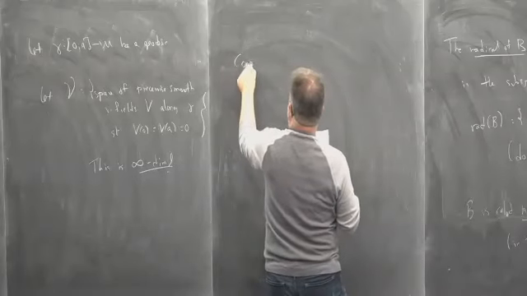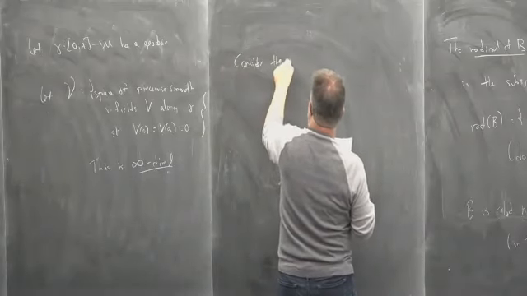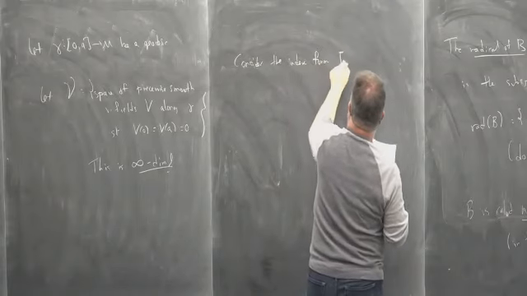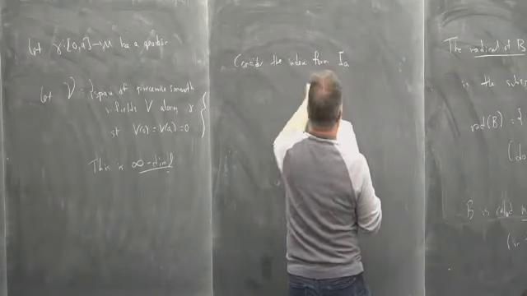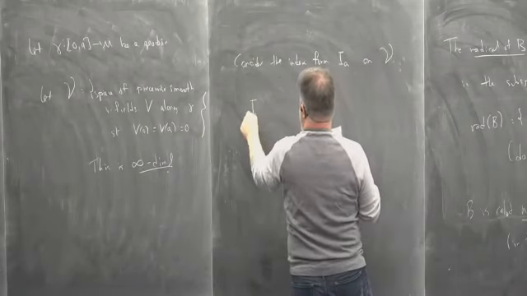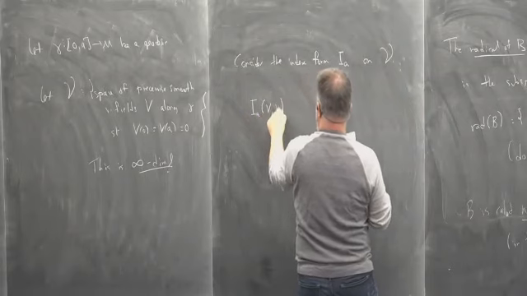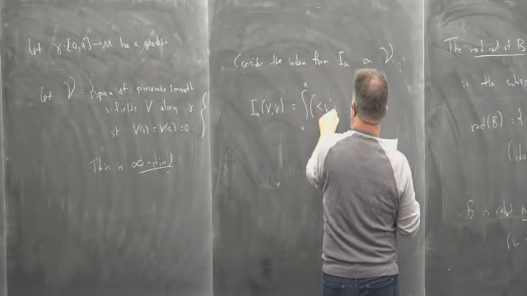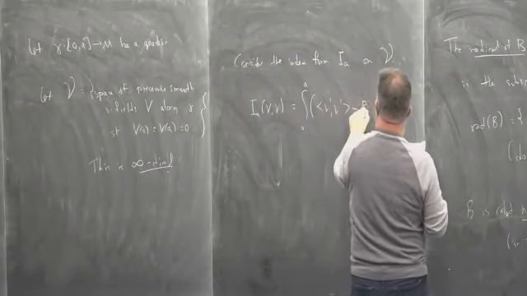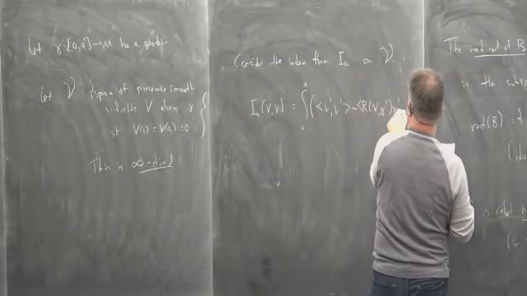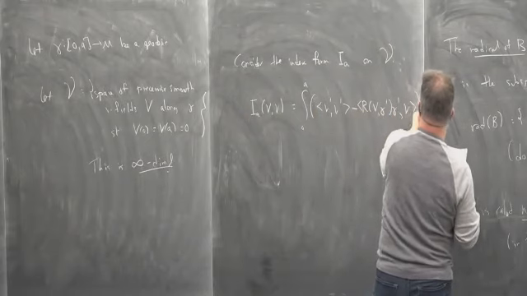And consider the index form I_A on this space V. So that means that I_A(V,V) is the integral from 0 to A of the inner product of V prime with V prime minus R(V, gamma prime, gamma prime, V) dt.